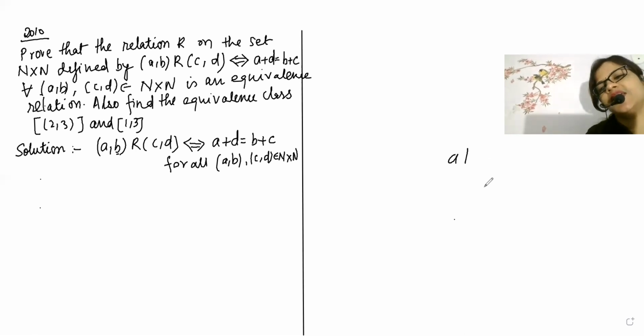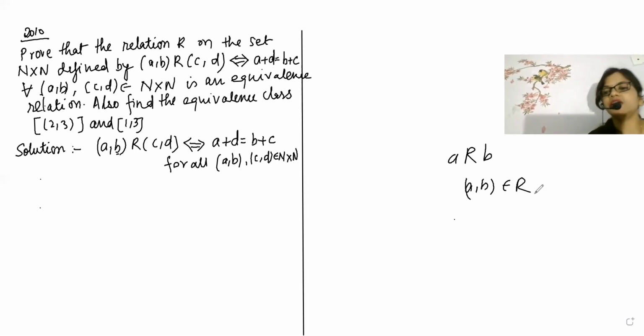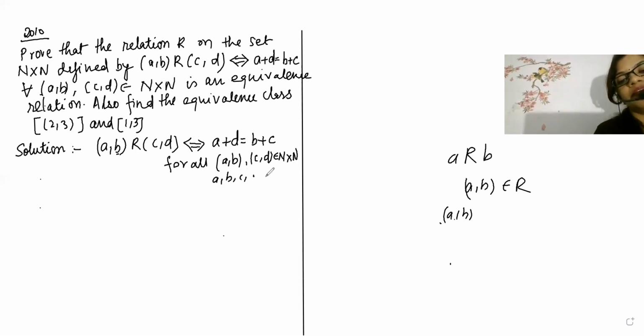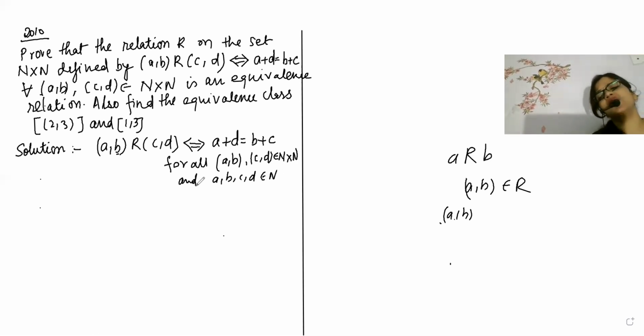Usually, when you write A related to B, you write (A, B) belongs to R. But here the ordered pair is belonging, and the ordered pair will be exactly belonging to N cross N. For your understanding, I'll write a, b, c, d will be belonging to N. But (a, b), (c, d) will be belonging to N cross N. Now I hope you have understood this somewhat.